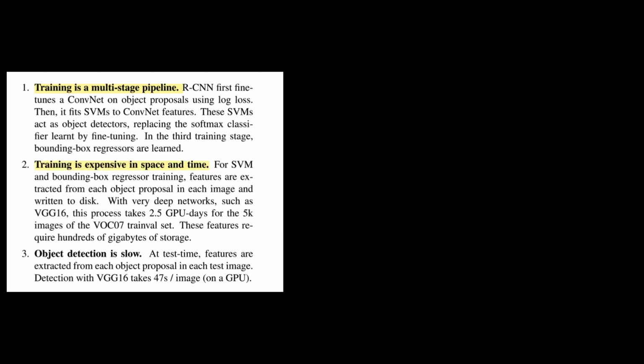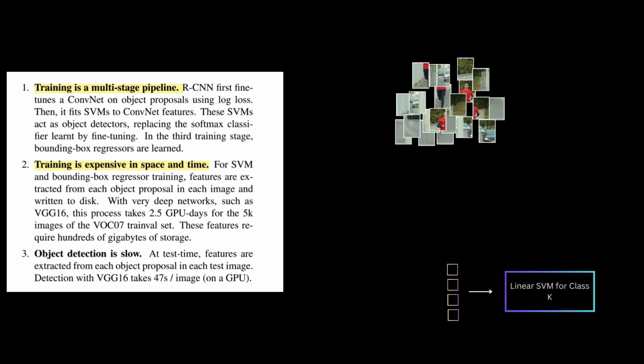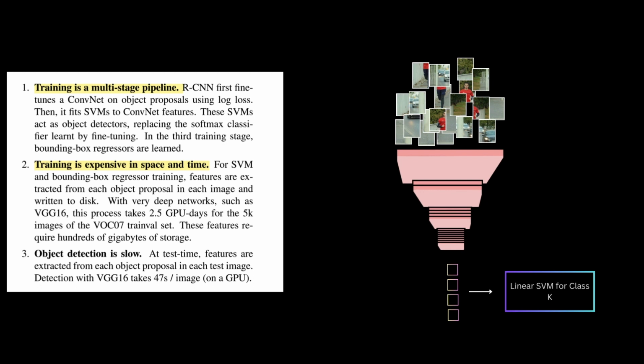The second problem is that since the SVM is trained on the FC layer representation of training proposals, we first need to compute this representation for our entire training dataset of proposals, which not only has a time cost, because we'll be doing a forward pass for all proposals for all images, but it also has a disk space cost attached to it. Since there are about 2K proposals per image, just a few thousand images means a requirement of a lot of GBs of storage. Now these two problems are still just with training.